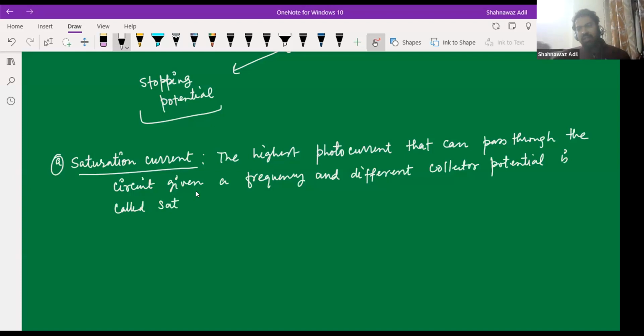So this current saturates. You cannot increase the current any further. So that is called saturation current.